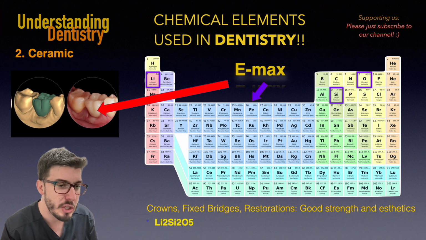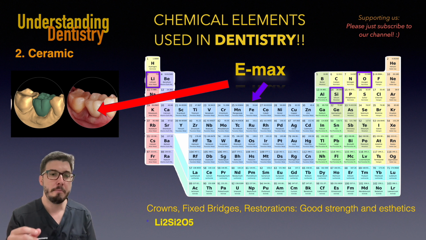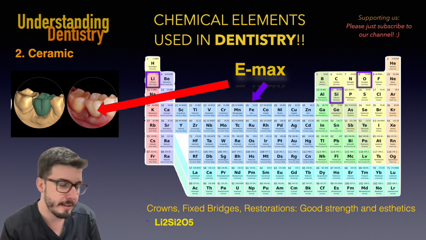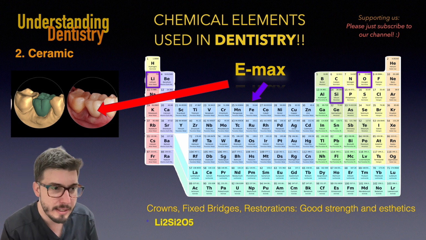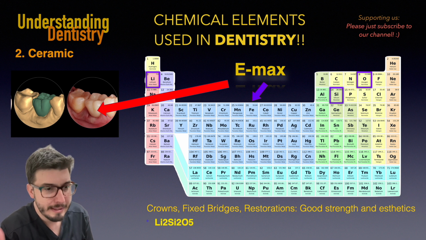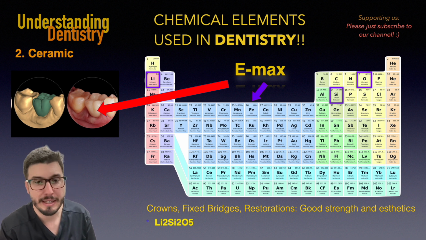I am actually writing here IMEX because it's a nice known brand, but of course we're talking about lithium disilicate, right? So we have lithium disilicate, and that's basically glass ceramics, right?